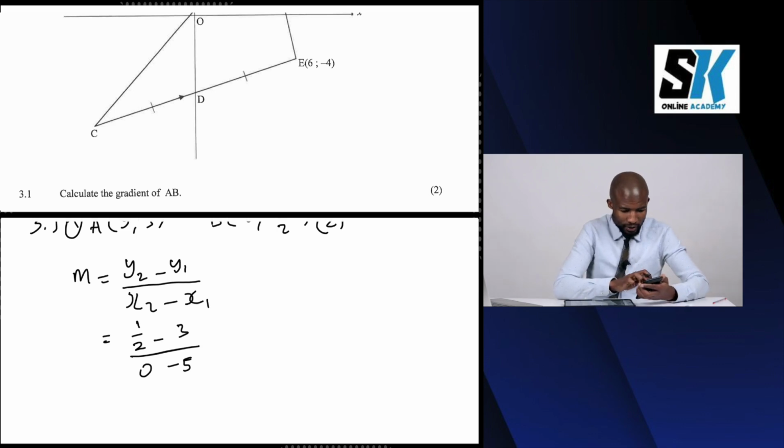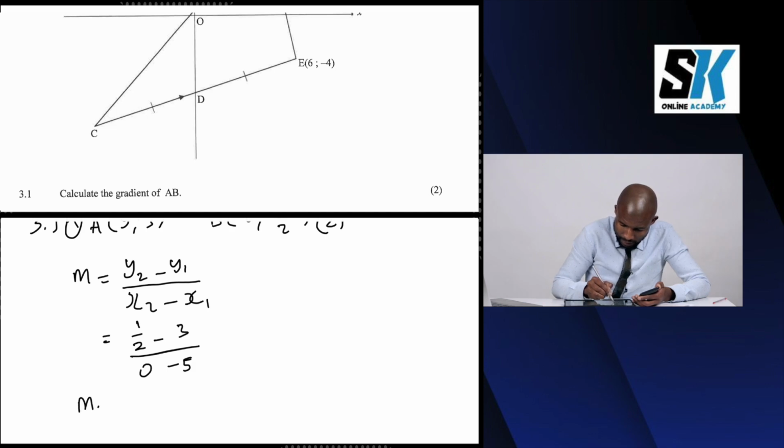Let's just double check our answer. So it's 1/2 minus 3 all over 0 minus 5. Yeah, the gradient of AB is going to be a half.